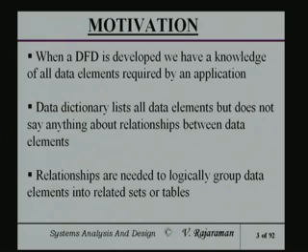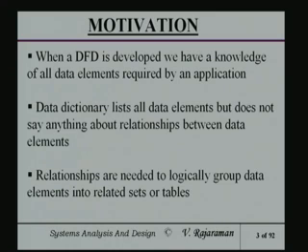As I said, a data dictionary is more of a documentation aid for a programmer who is going to maintain the program, to understand the meaning of a data item, where it occurs, and so on. So the maintenance can be easy, okay, and it lists everything. A data dictionary is actually metadata, data about data, okay.